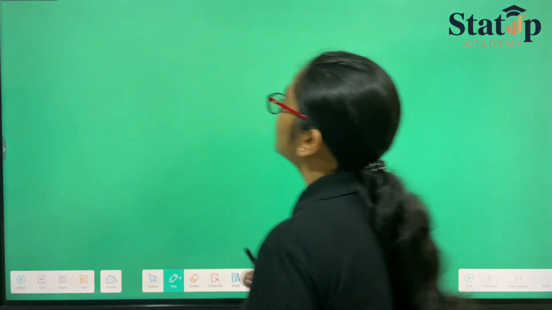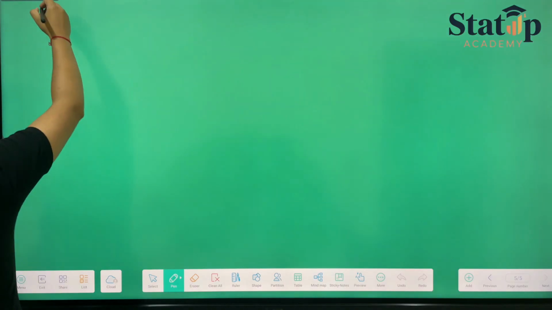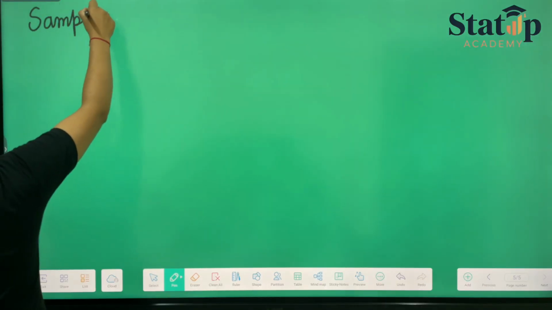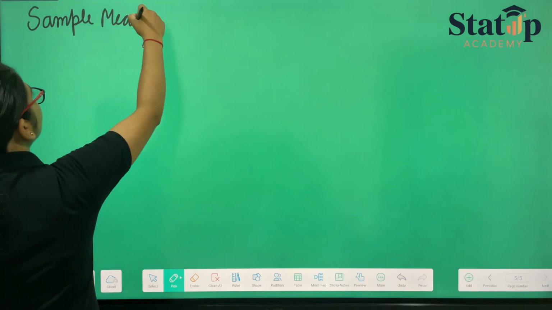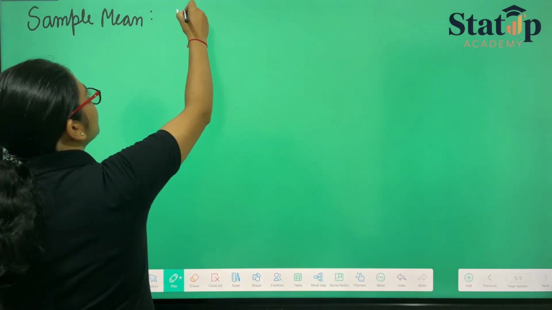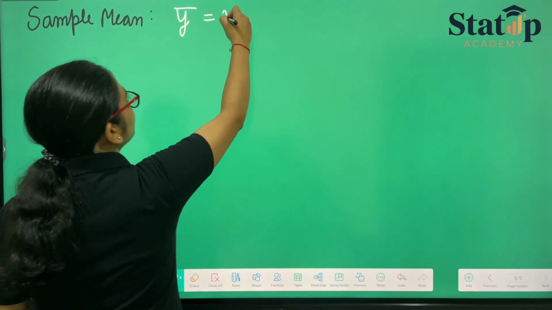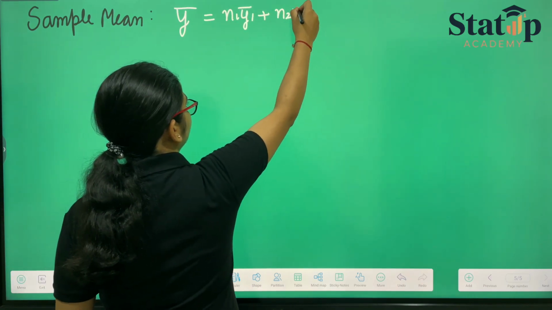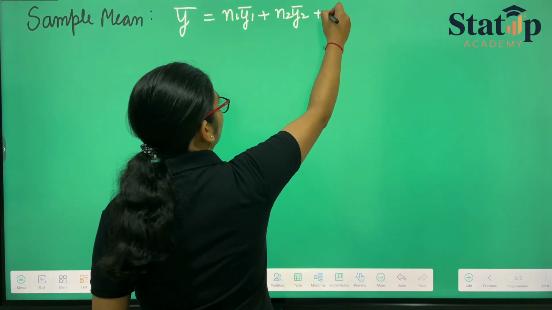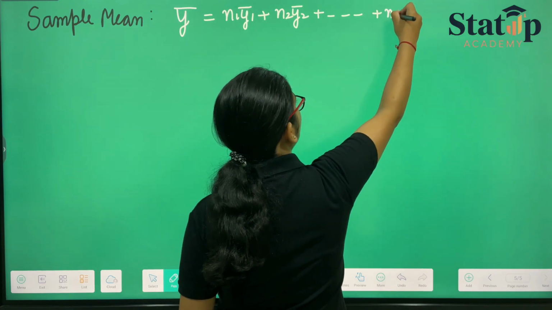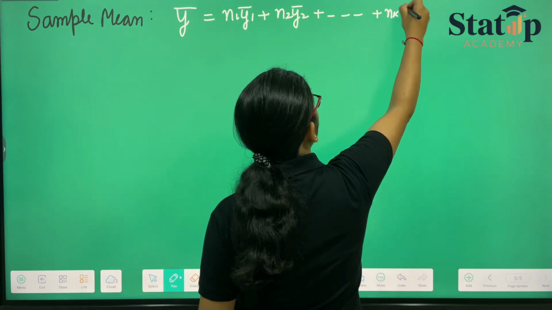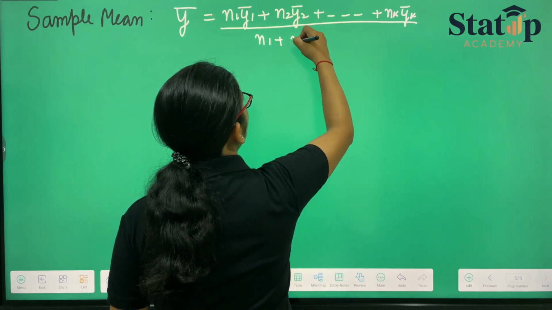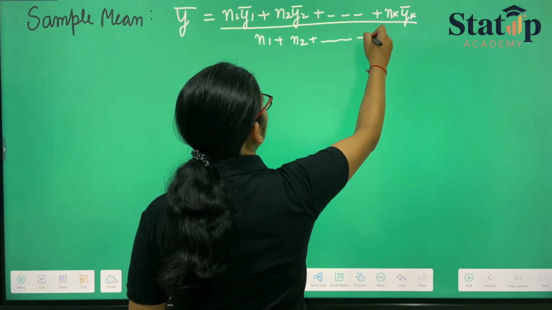Now what is the sample mean? Sample mean is small y bar, which is nothing but small n1 y1 bar plus small n2 y2 bar up till small nk yk bar upon n1 plus n2 up till nk.